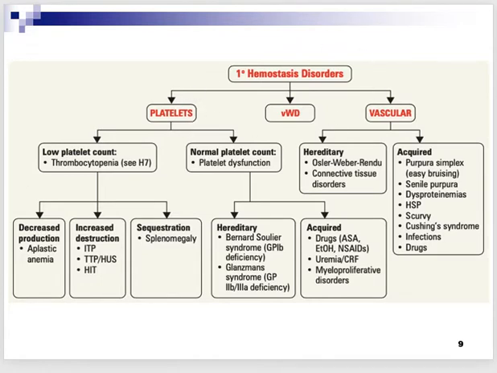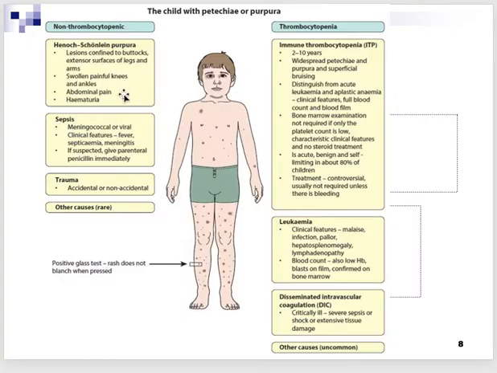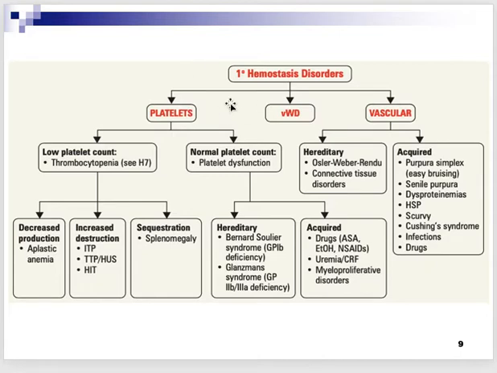First of all, we check whether there is thrombocytopenia, where the platelets are low, or it is non-thrombocytopenic, where the platelets are normal. Anyone who comes with superficial bleeds, you have to see which of these causes it is.